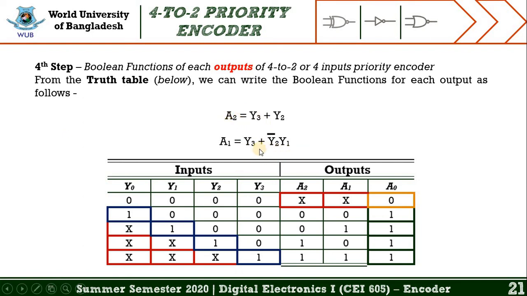A1 equals Y3 OR (NOT Y2 AND Y1), and A2 equals Y3 OR Y2. If you look at the truth table, you won't have any confusion in finding the Boolean functions of this encoder. So let's move into the next slide.